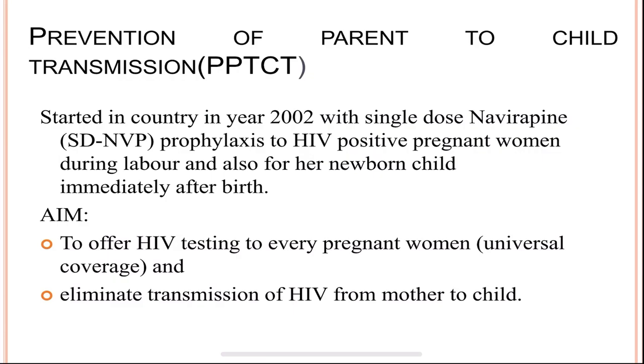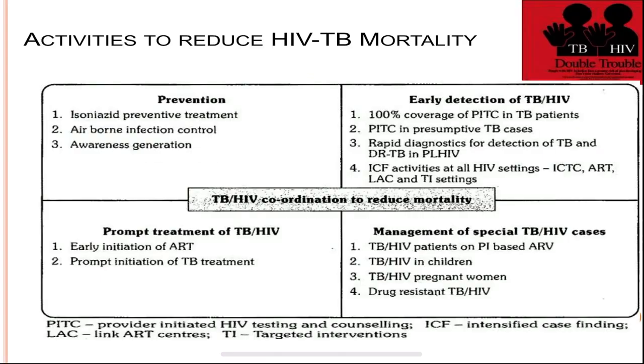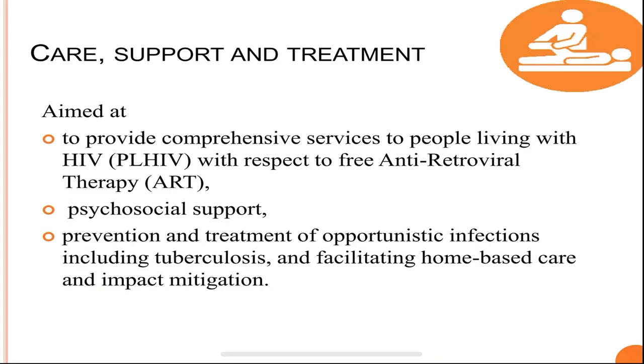Then the second component we saw was the prevention of parent to child transmission and the activities, followed by the care, support and treatment, which is a component of the National AIDS Control Program, whose aim was to provide the comprehensive services to the people who are living with HIV.